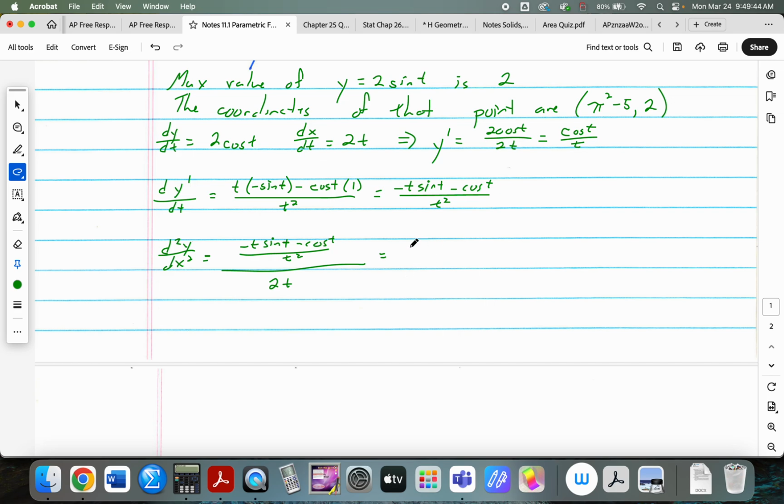So that's going to be negative t sine t minus cosine t over 2t cubed. And we want to know on the interval from 0 to pi, when does this change sign? So we need to find where that's equal to 0.